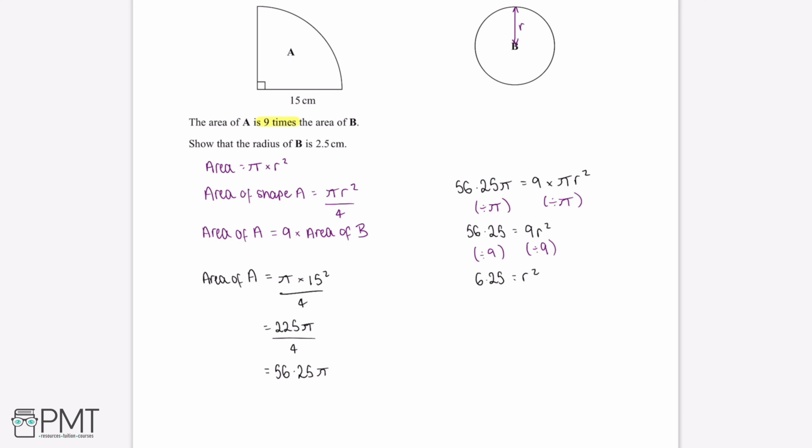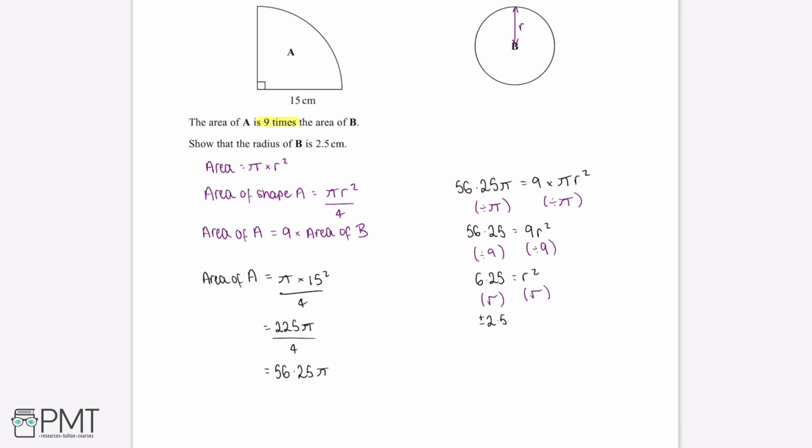Now the final thing we need to do to work out the value of r is get rid of this square term here. And to do this, we're going to need to use the square root button on our calculator. And we're going to want to square root both sides of this equation. So the square root of 6.25 gives us plus or minus 2.5.